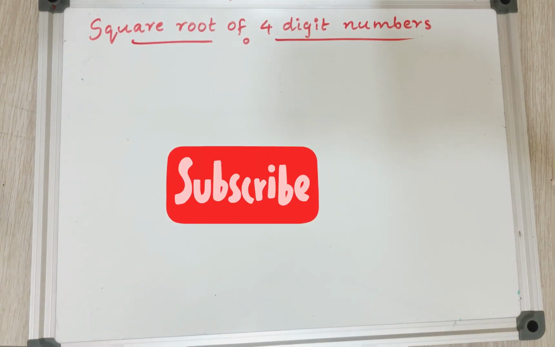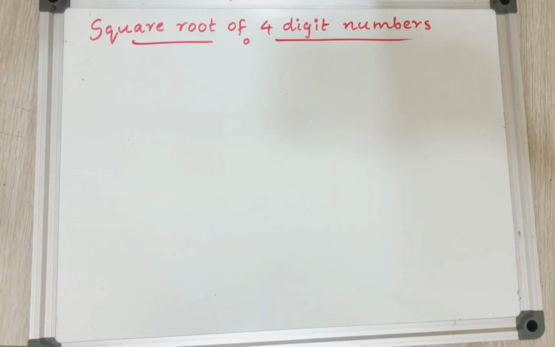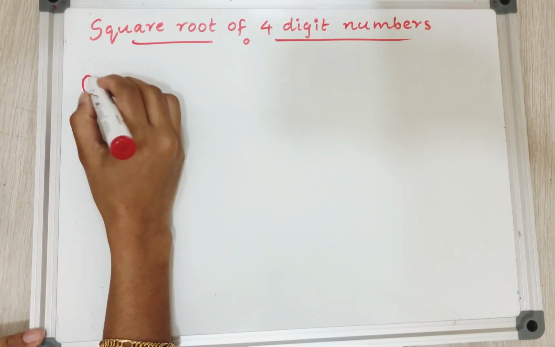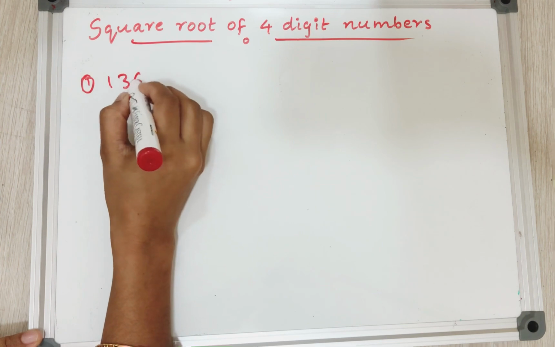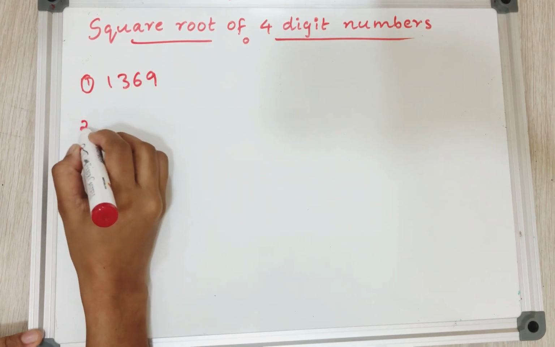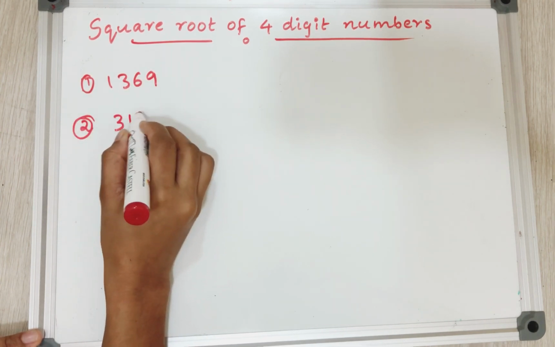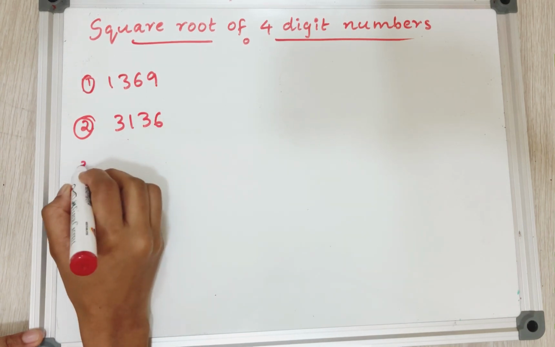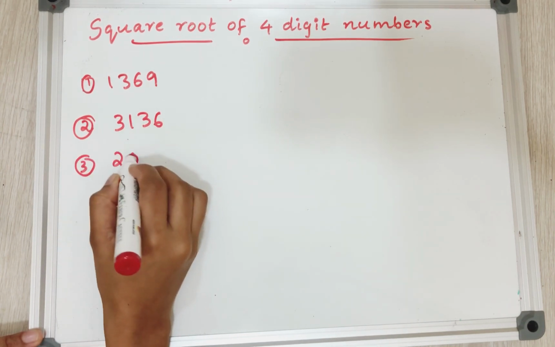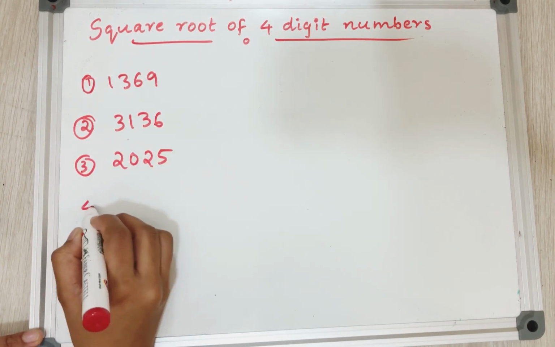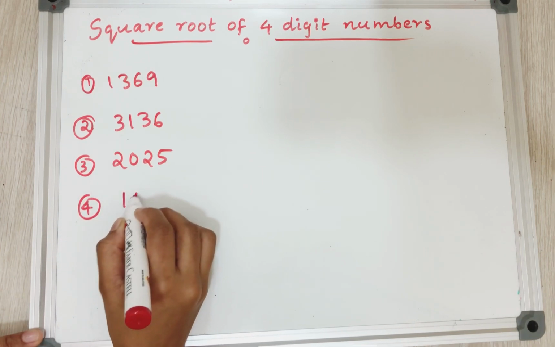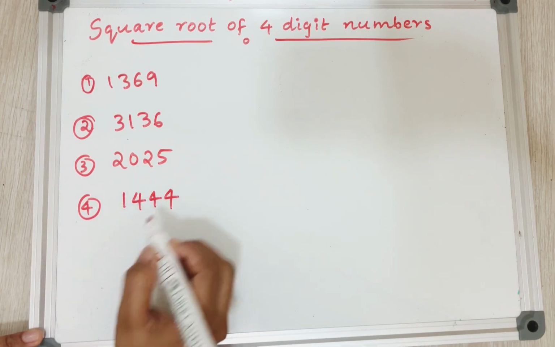Now, I will give you some examples. Try by yourself. First one, 1369. Second one, 3136. Third one, 2025. Fourth one, 444.